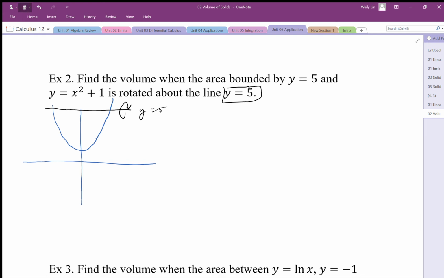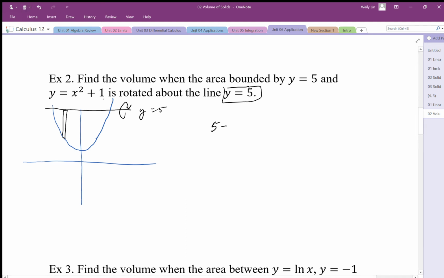Well, first of all, I need to be able to calculate these slices. These slices are going to be rotated to generate the discs that I want. If I want to find the length of that slice, which is essentially the radius I'm going to rotate, the length of that slice is going to be 5 minus x squared plus 1.